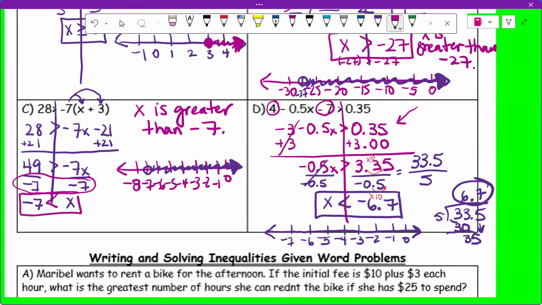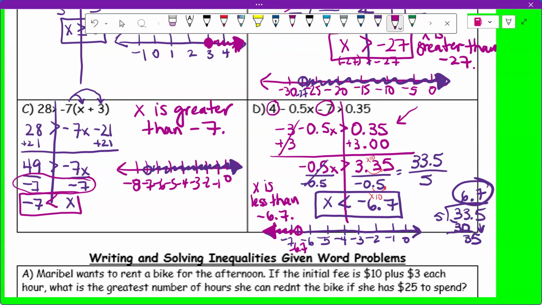And since -6 7/10 is between -6 and -7, we're going to plot it, open circle because it's not part of the solution. Label it -6 7/10, and x is less than -6 7/10. We forgot to translate. X is less than -6 7/10.